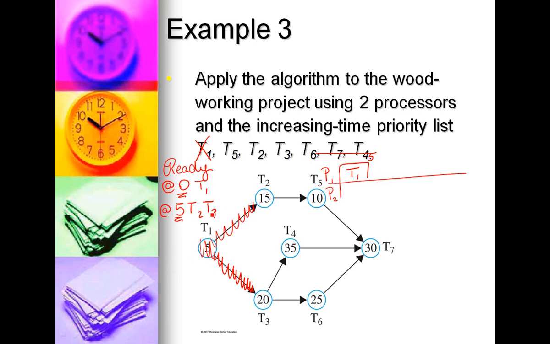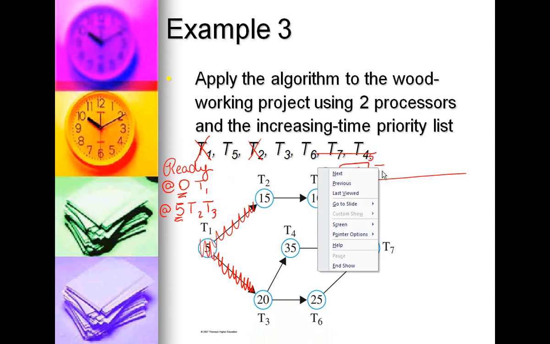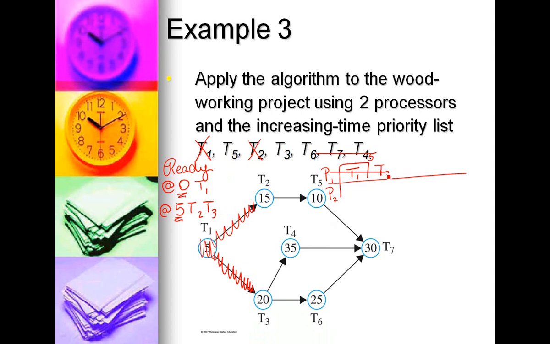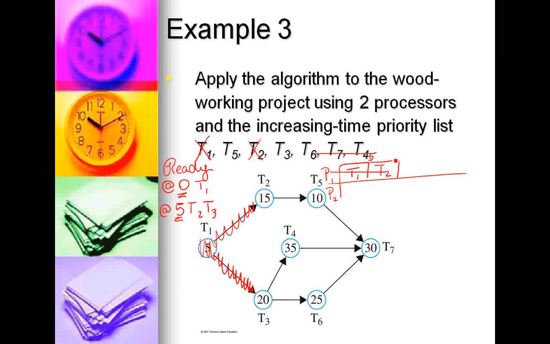Our rule says to take the highest priority ready task. If we look at the list, T2 is the highest priority, and we put it on the lowest numbered processor. So T2 goes on processor 1. T2 has a length of 15, so 5 plus 15 takes us to 20.